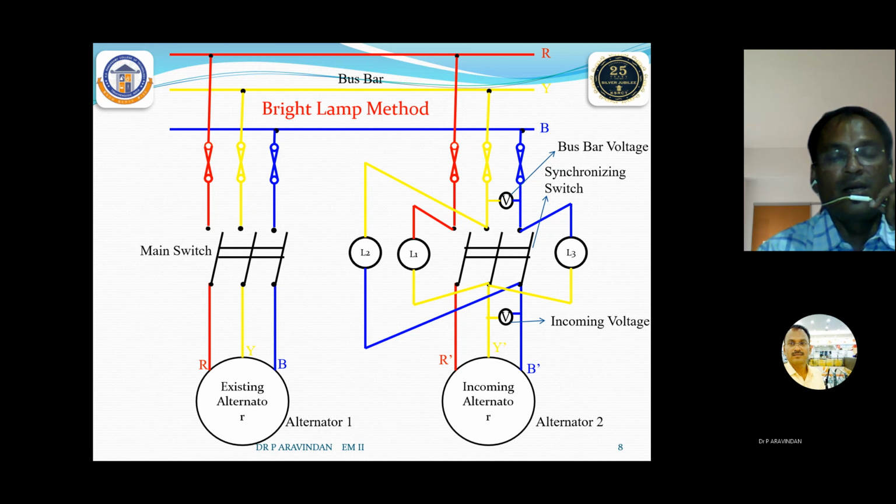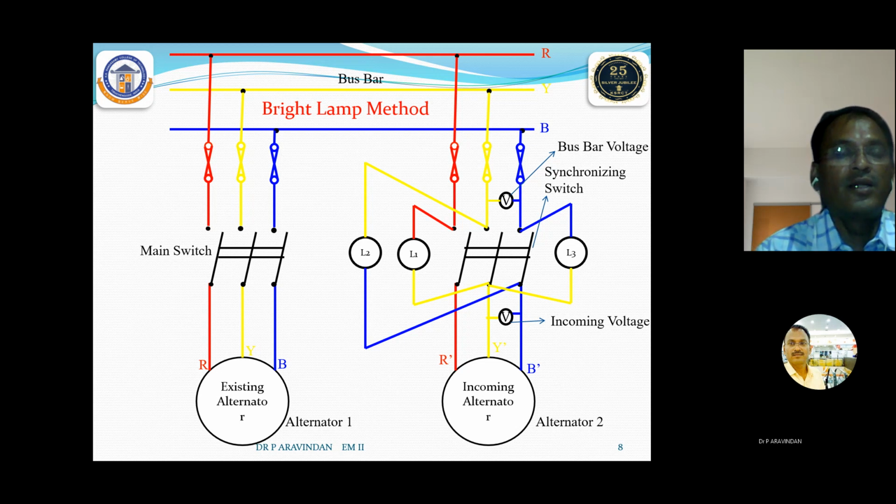Then we can find the long bright period, and in the middle of the long bright period, we can close the switch, so that the infinite bus bar and the existing generator are connected together.